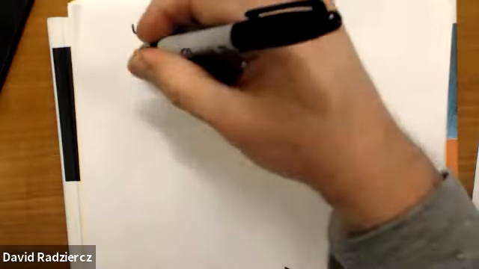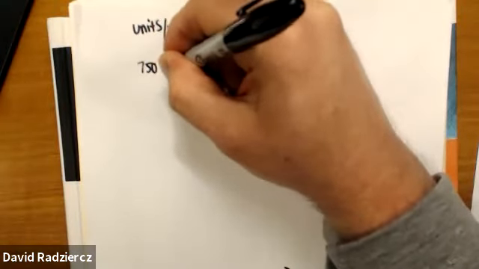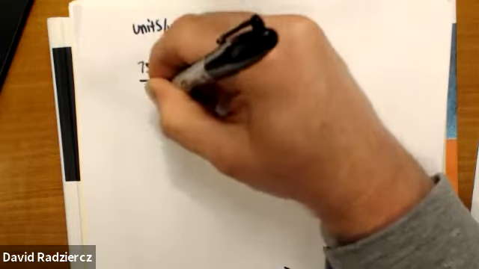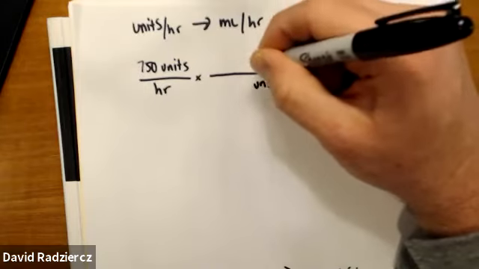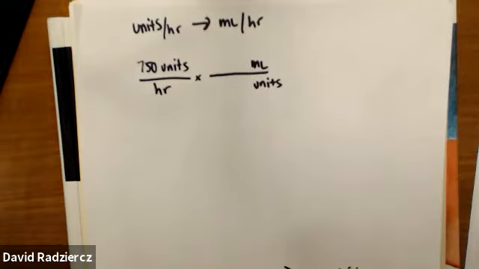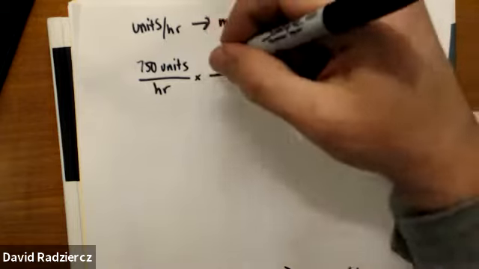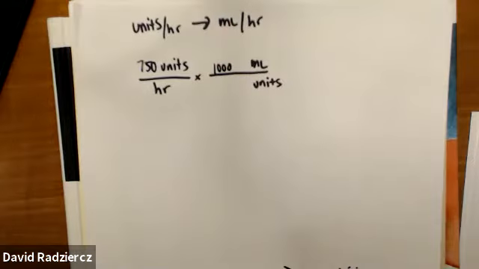So it says that we have 750. Which number am I doing? Yeah, 22. Oh, I read 23, but 22 is the same type of question. We have 750 units per hour. So I'm going to start with the flow rate. I don't want units, I want milliliters. The question says we have heparin IV to infuse at 750 units per hour. The solution is 25,000 units in a 1 liter bag of D5W. So 1 liter is equivalent to 1,000 milliliters.